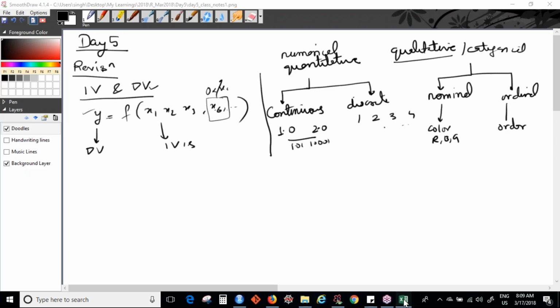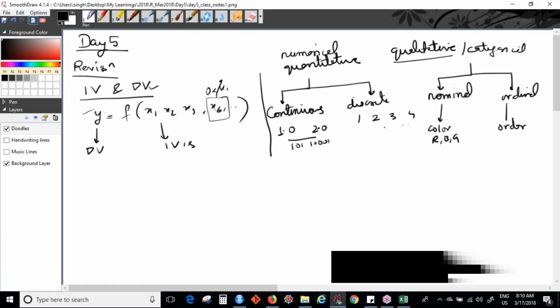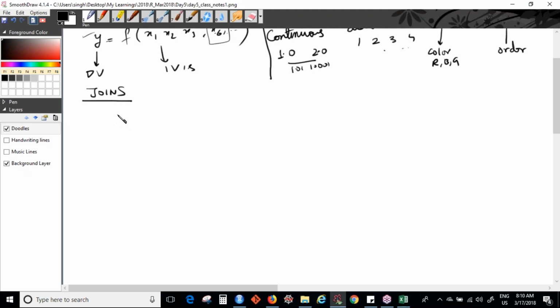What else? We saw the concept of joins. We saw what are joins in R. I don't need to go into the details of it, but we saw what is an outer join.